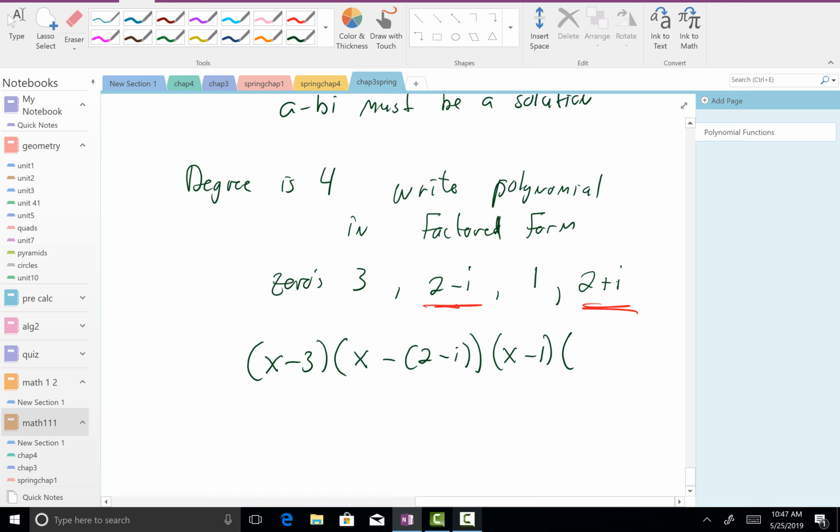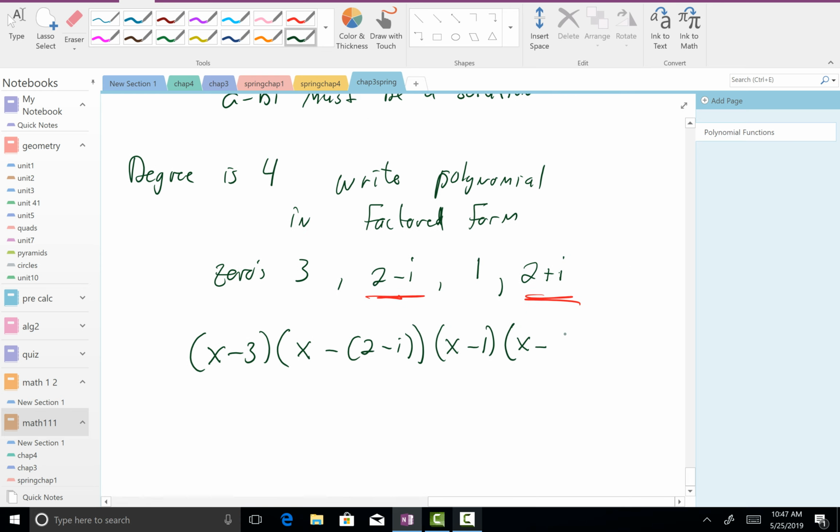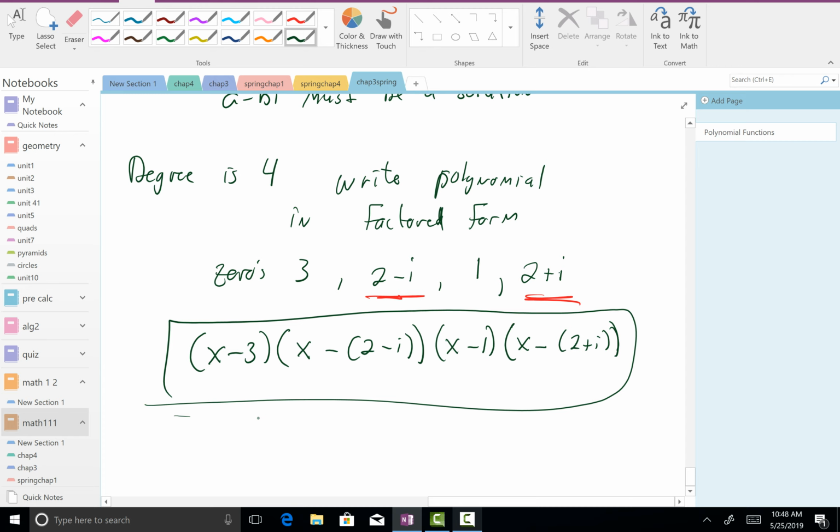Hopefully they never ask you to put it in general form, because that would be a real mess. As far as I'm concerned, you can just write them in factored form. When it's a 4th degree like that, it's a real mess. You can do it, but it's kind of a mess.